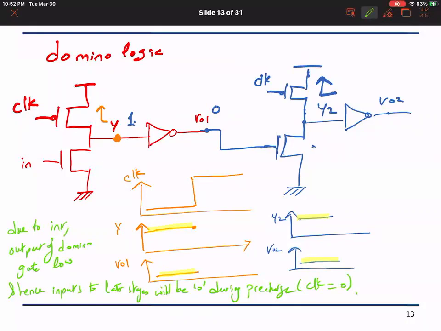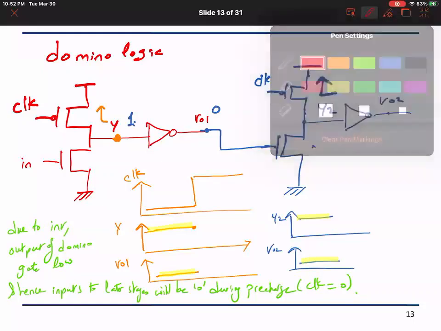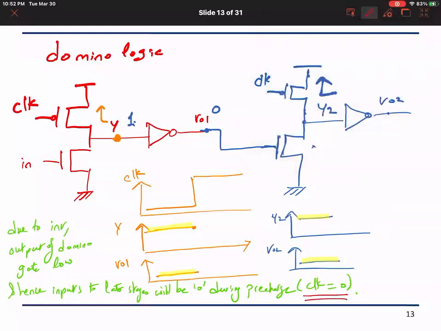So when the clock is equal to 0, what is happening is that it's pulling up the intermediate node, the inverter is setting the output to 0, and this inverted Y is being sent to other pull-down stages, which will not be activated when the clock is trying to pull up all the domino outputs or all the domino internal nodes to high, and therefore maintain the outputs during the pre-charge phase as low.